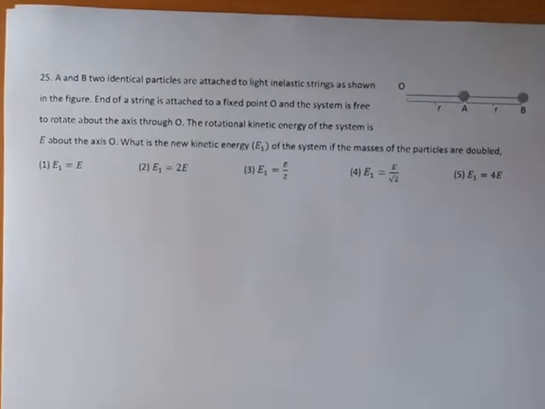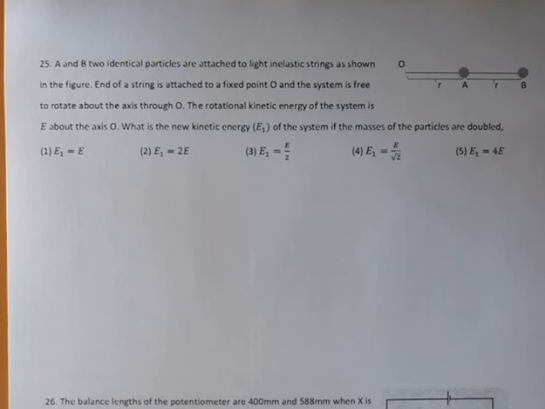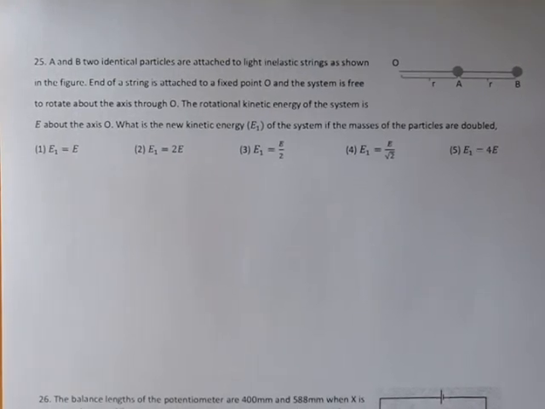A and B, two identical particles, are attached to a light inextensible string as shown in the figure. The end of the string is attached to a fixed point O and the system is free to rotate about the axis through O. The rotational kinetic energy of the system is E about the axis O. What is the new kinetic energy E1 of the system if the masses of the particles are doubled?